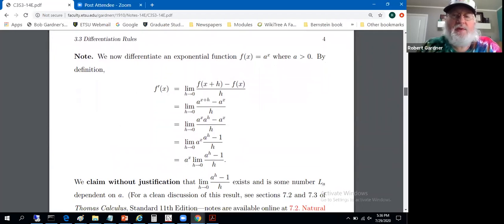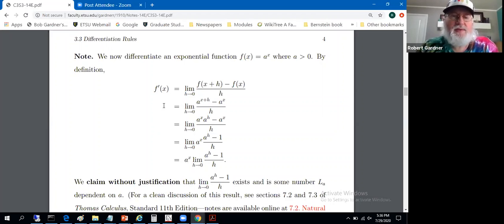Okay, this is one of my least favorite parts of Calculus 1 because of the way they're approaching it. We're going to make a claim, and here's what angers me, without justification. We've done that with the generalized power rule as well. A lot of it comes from the fact that we're using an early transcendentals version of this book. That means we get to the exponential functions pretty early on.